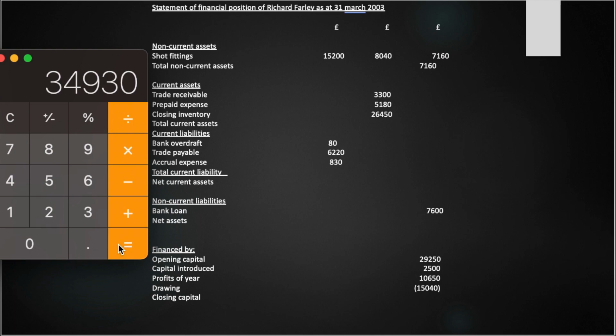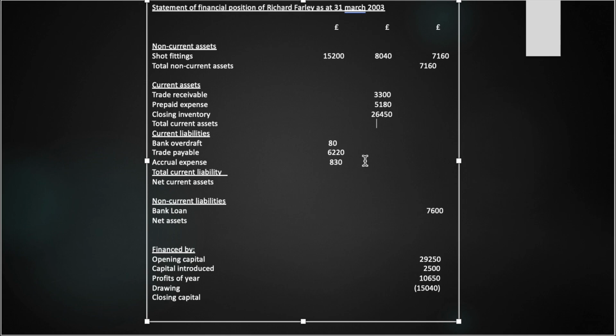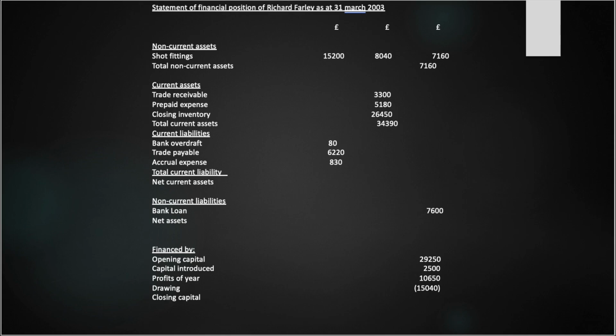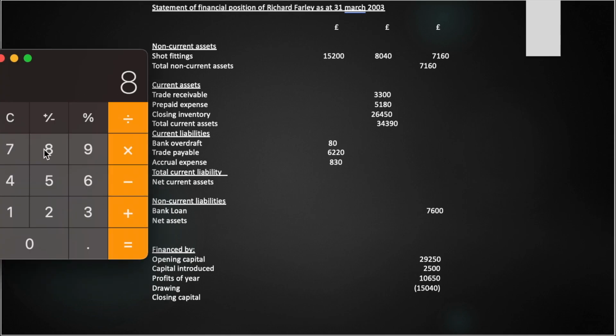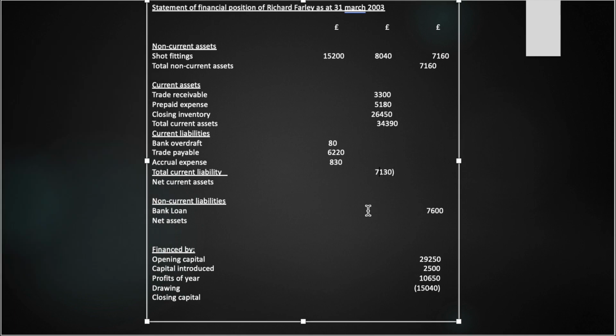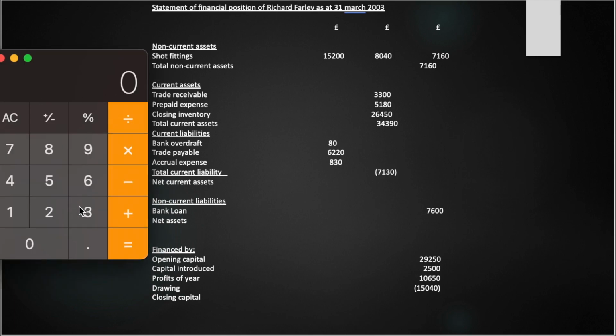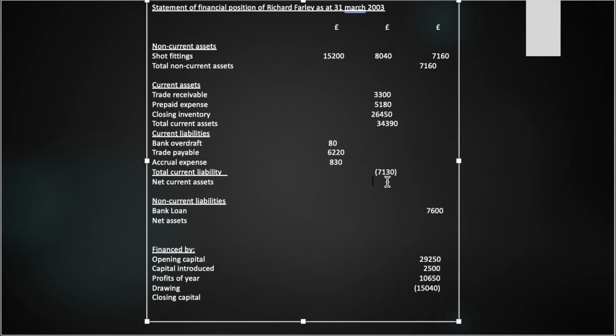This gives us a total of 34,930. Current liabilities, we have trade payables plus accrual expense plus the bank overdraft, and this gives us a figure of 7,130. And then to work out the net current assets, we do total current assets minus total current liabilities, and this gives us 27,800.